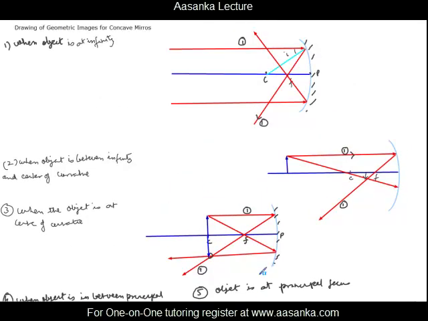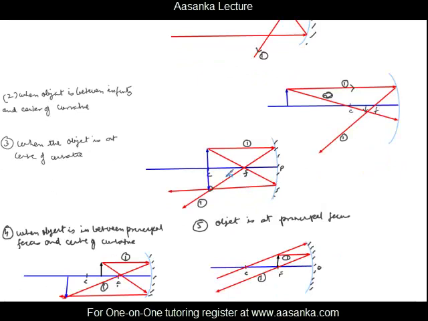And the second ray we have taken again by the logic, which is, for instance, if a ray passes through the center of curvature, it will go back on the same path. So the ray comes here, this is the second ray, it goes on the same path. We show it as just a single line. Same thing we have done here.